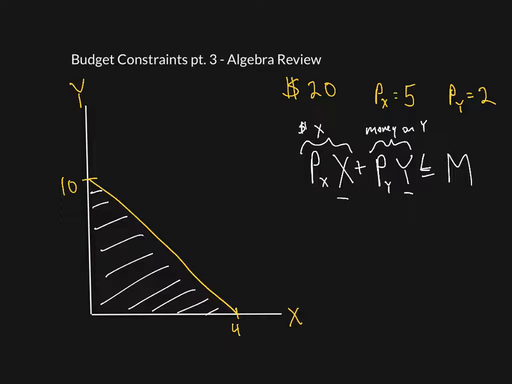And you can manipulate this simple equation in a couple of useful ways. First, if you want to translate this equation directly into a graph, it helps to put it into the, if you go back to middle school, the y equals mx plus b format.